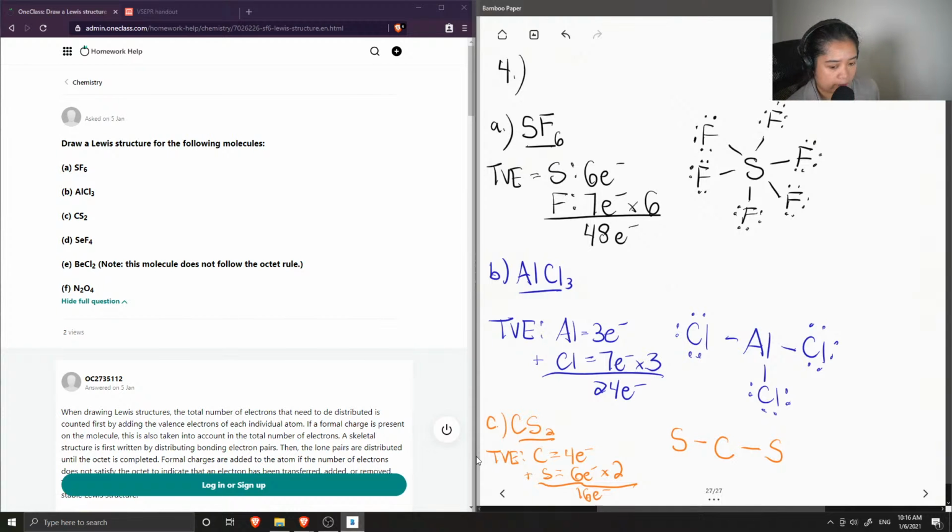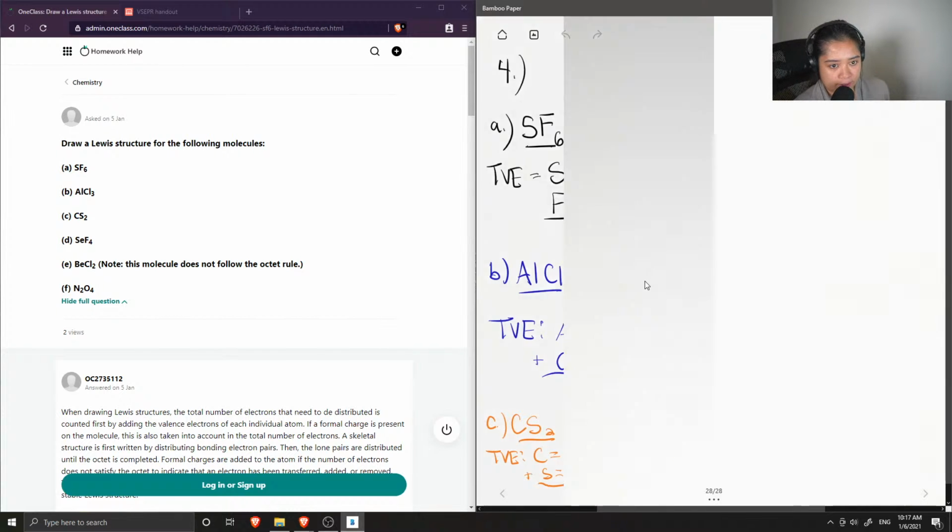I've only drawn 4 electrons so far because I have 2 bonds, but I'll draw them as double bonds just so that carbon can have a full octet, and we can draw the remaining on the sulfur, and then this should give us 16 valence electrons. Everything has a full octet, so that is correct.